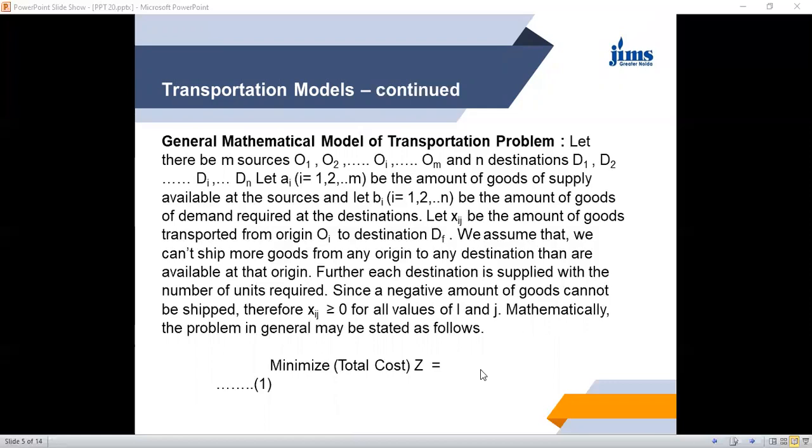So let us say there are m sources, O1, O2, O3, up to Om, and n destinations, D1, D2, D3, up to Dn, i is equal to 1 to m and j is equal to 1 to n.